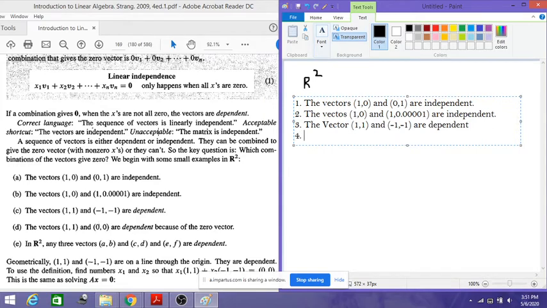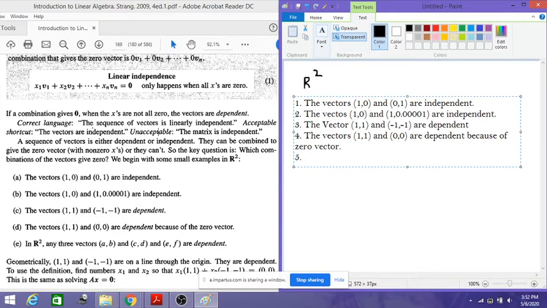So therefore, these are dependent vectors. Fourth, the vectors 1 comma 1 and 0 comma 0 are dependent because of the 0 vector, because it starts from the 0 vector.